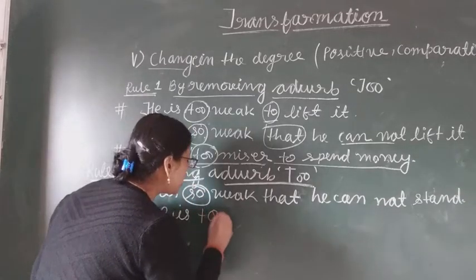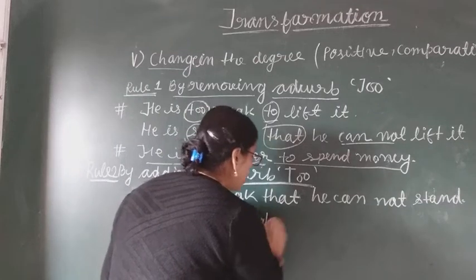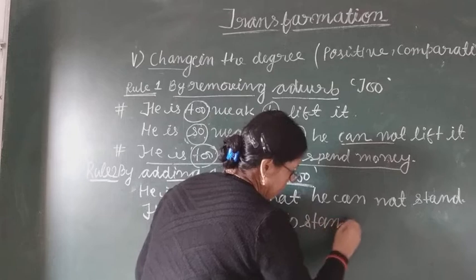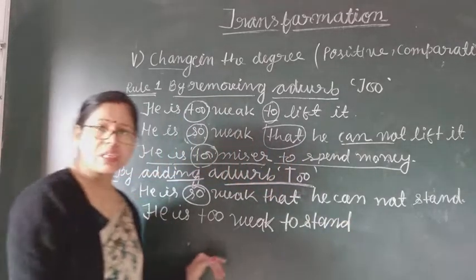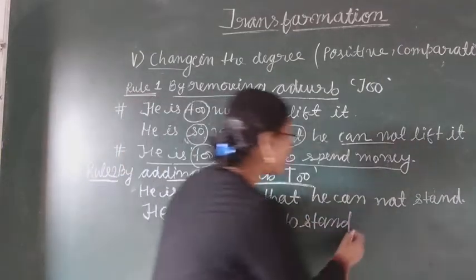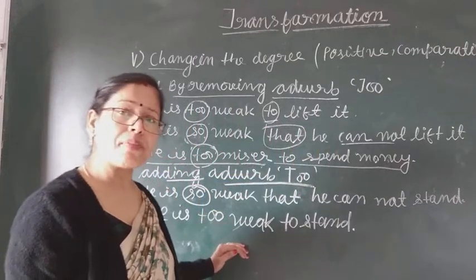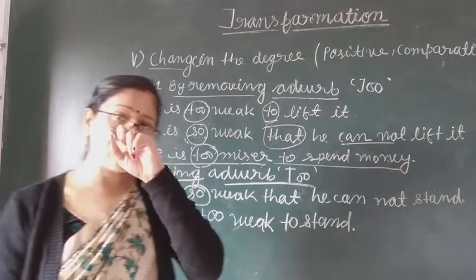Too. He is too weak to stand. What does it mean? मतलब वो इतना कमजोर है कि वो खड़ा नहीं हो सकता. Its meaning is also the same as the upper sentence.